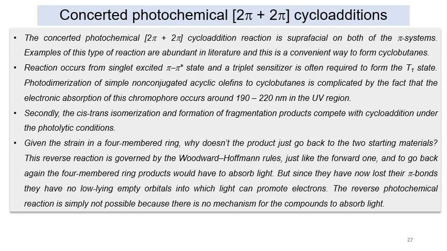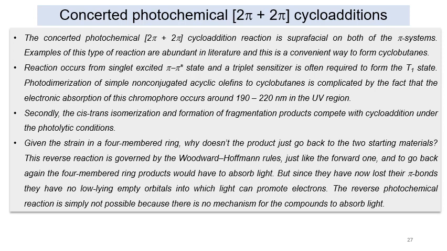We now move on to the concerted photochemical 2π plus 2π cycloadditions. We know that 2π plus 2π thermal cycloadditions in the ground state are forbidden, but they are allowed under photochemical conditions in a suprafacial overlap.